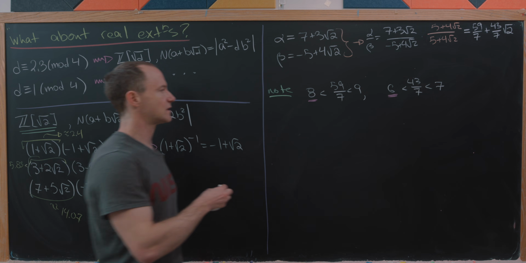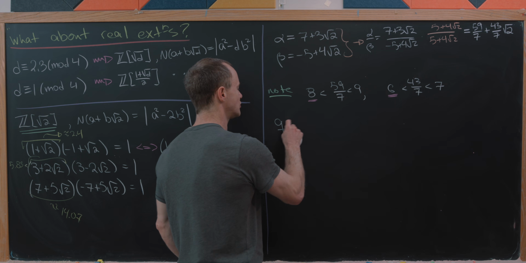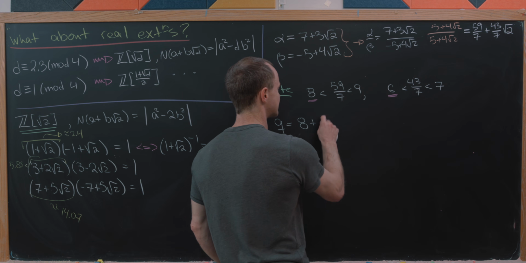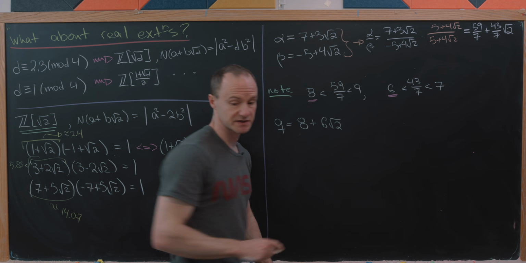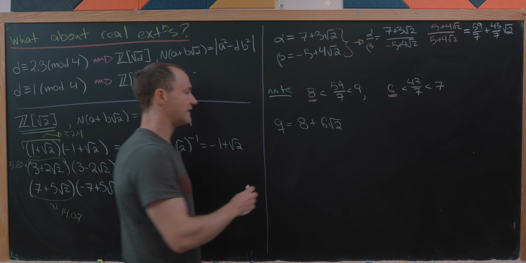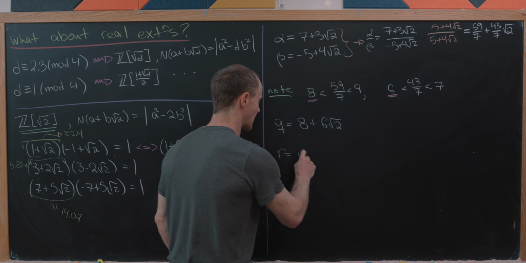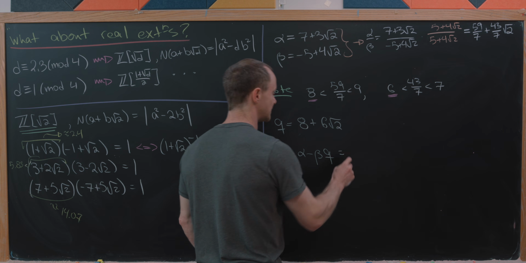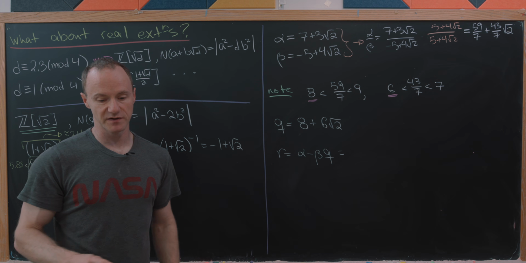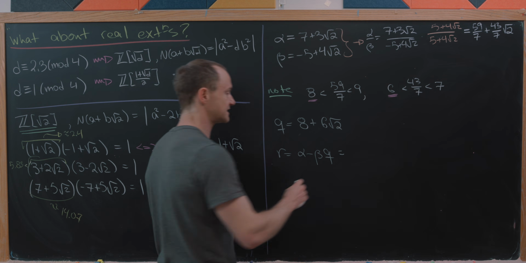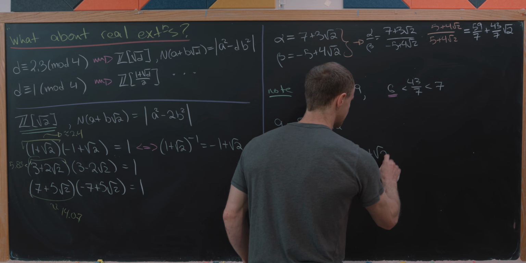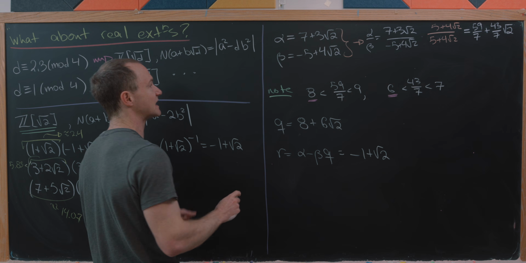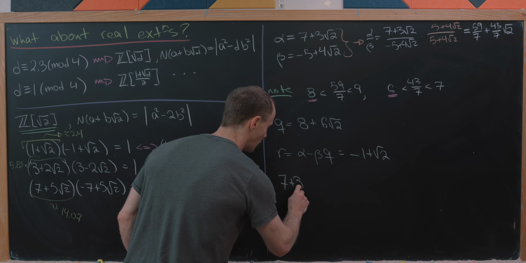And so that means that we could take our quotient to be 8 plus 6 times the square root of 2. And then doing our calculation, our remainder will be alpha minus beta times q. And again, doing the arithmetic here, you'll see that this is minus 1 plus the square root of 2. Now we can finally write down our whole equation.